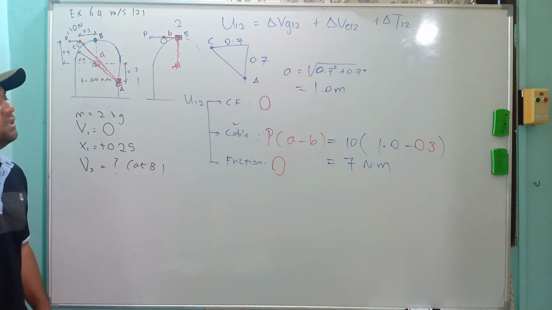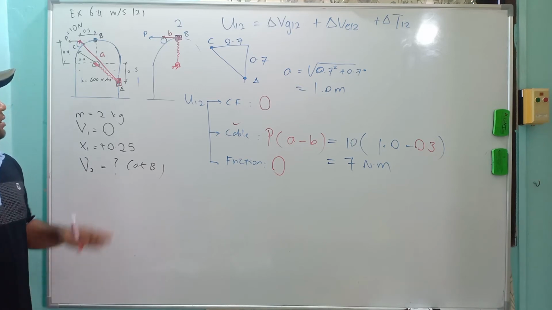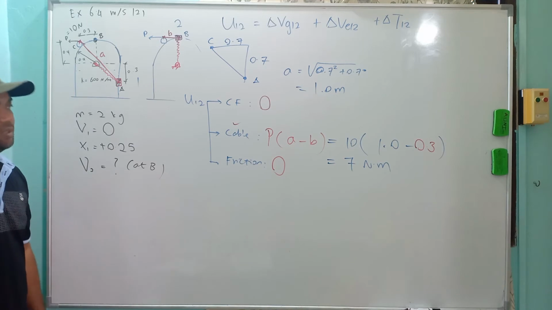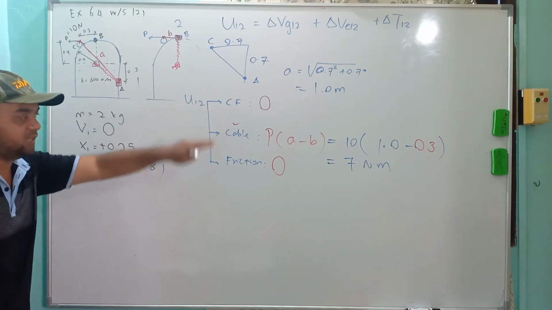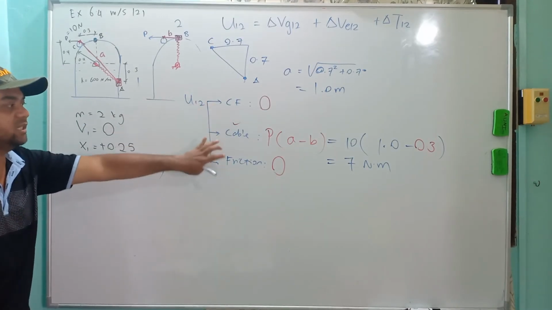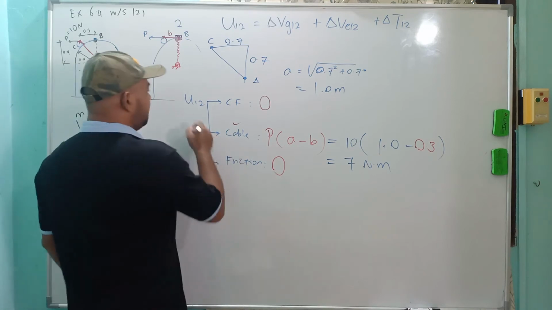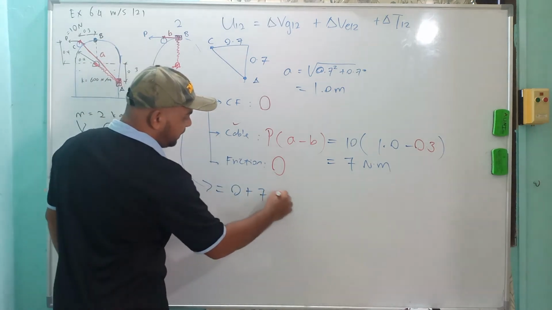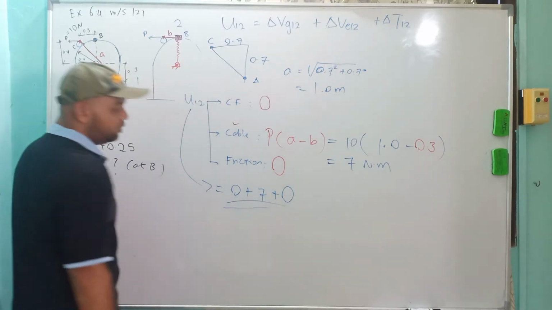So the work done by a constant force through the cable is equal to 7 Newton meter. If there is a constant force and if there is friction, you have to add them up together. In this case, this one is 0, this one is 0. So your U12 is equal to 0 plus 7 plus 0. So that's your U12.